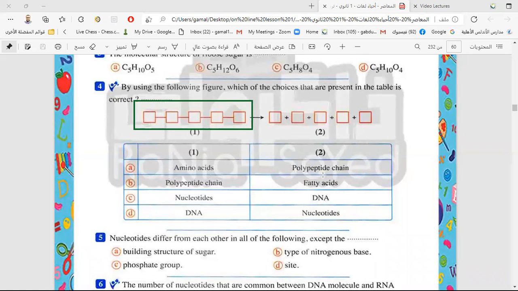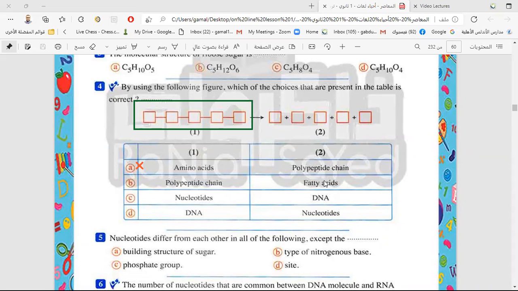Amino acid and polypeptide chain. Amino acid is the protein monomer, and polypeptide chain is the polymer. The left side is not a monomer, it is a polymer. So number 1 is wrong, because 1 is a polymer and 2 is a monomer.